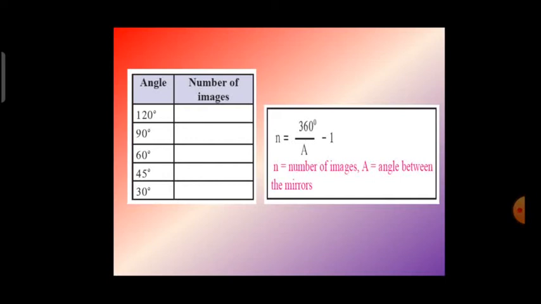For example, if the angle is 120, 360 divided by 120 is 3. So 3 minus 1 is 2. So the number of images formed between two mirrors, if the angle between them is 120 degrees, will be 2. Okay, so you can go on calculating for other angles with the same formula.